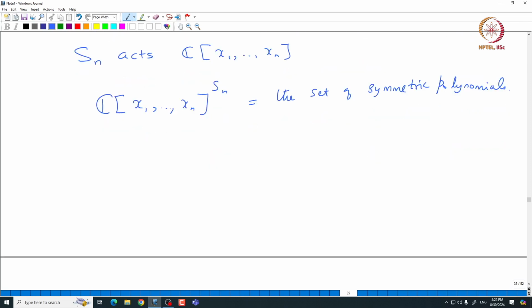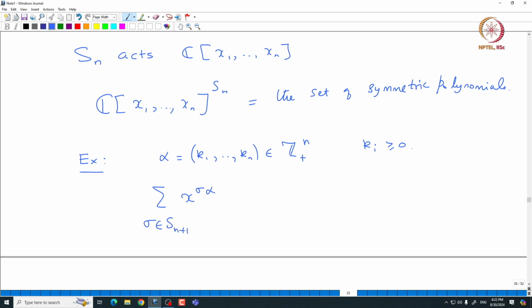The set of symmetric polynomials has many interesting bases. For example, it is an easy exercise to prove that if you take what is called the orbit sum, for any given exponents alpha equal to (k1, ..., kn), which lies inside Z plus to the power n, where the ki are all non-negative integers, then we can talk about the summation of x to the power sigma alpha, where sigma runs over Sn.